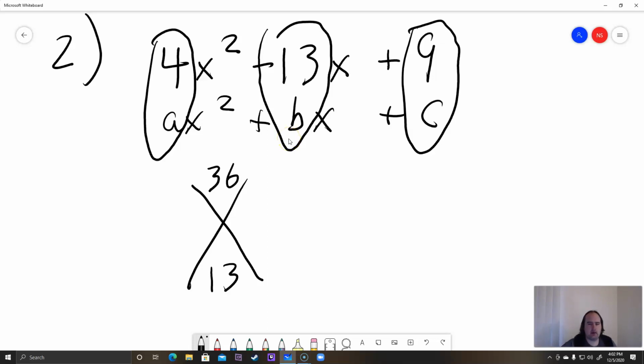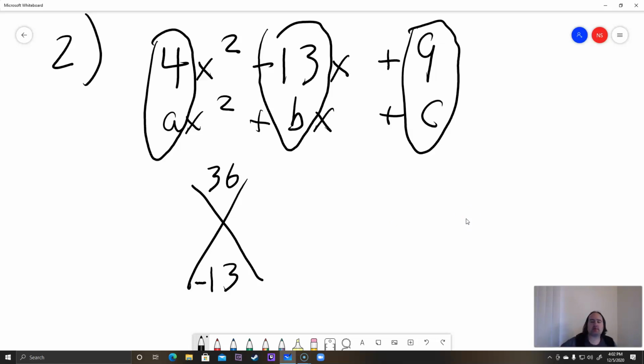Okay? Now you might be wondering, why did I write positive 13? Well, actually I was being careless. I should have written negative 13 down here on the bottom, because our middle term is actually negative 13. So we do want two numbers that add to negative 13.